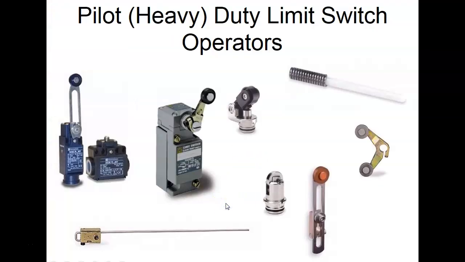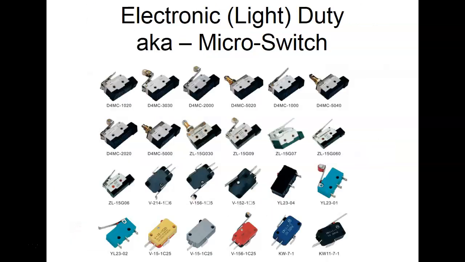The Festo line over there and the Amatrol line have several of the electronic duty ones. These are electronic duty. You can get them with different types of operators, like rollers. You can see it's got 3 wires, 3 connections on it. That means it's a single pole double throw.